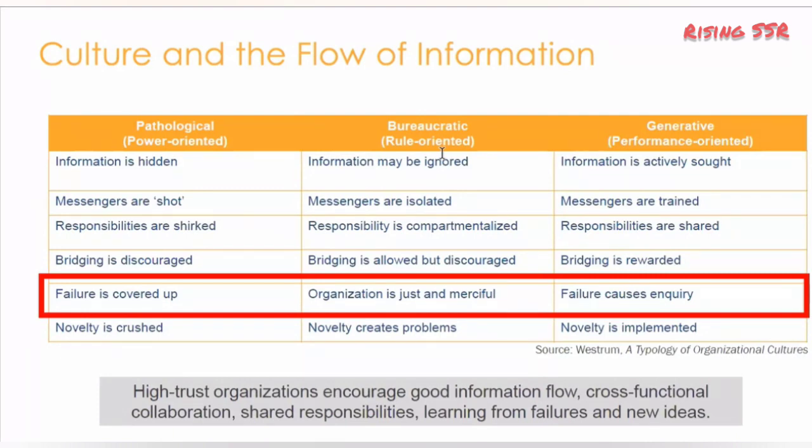Do an analysis of why the failure happened, what caused this, what we can do to ensure that we prevent it from any future recurrence, right? That analysis definitely should be done, in a positive way, in a learning way. That is a quality of generative organizations. Okay. So I'm sure you will definitely get one question from this in the exam. So just remember this Westrum model of organizational culture.